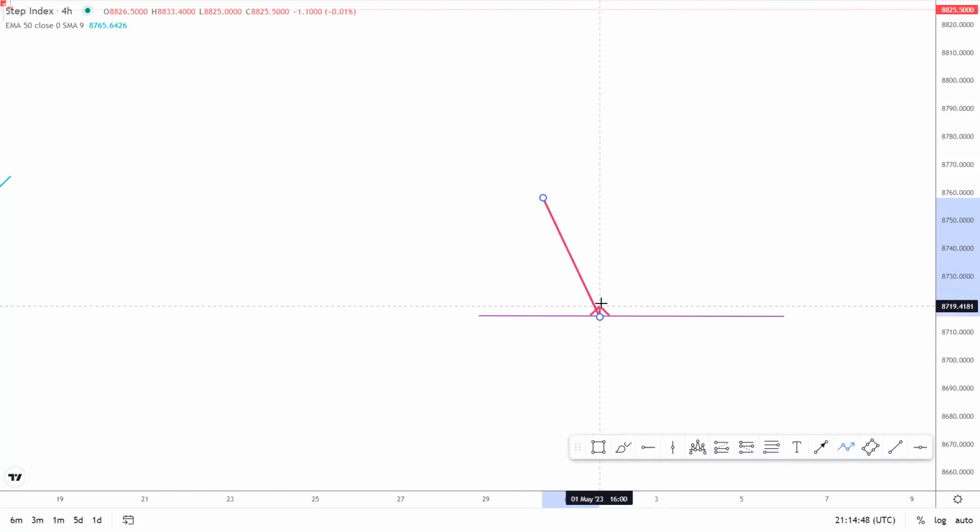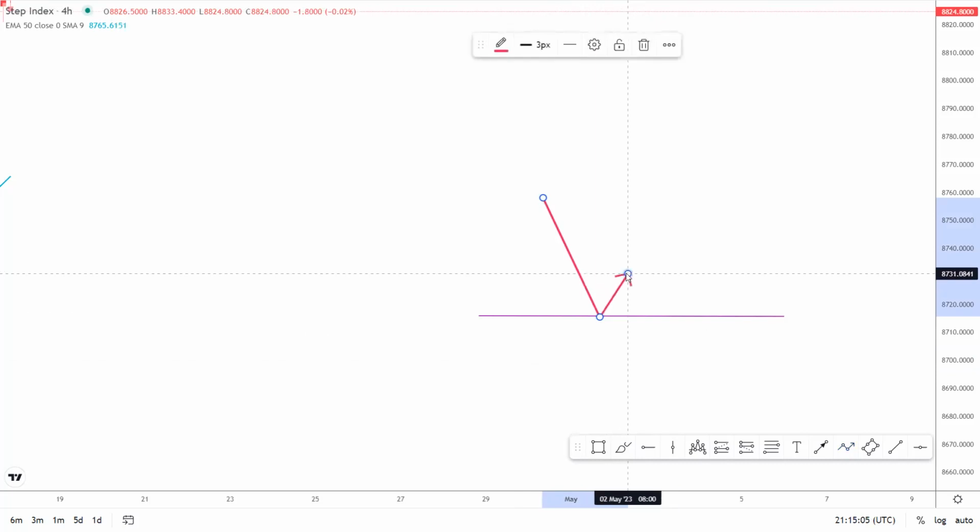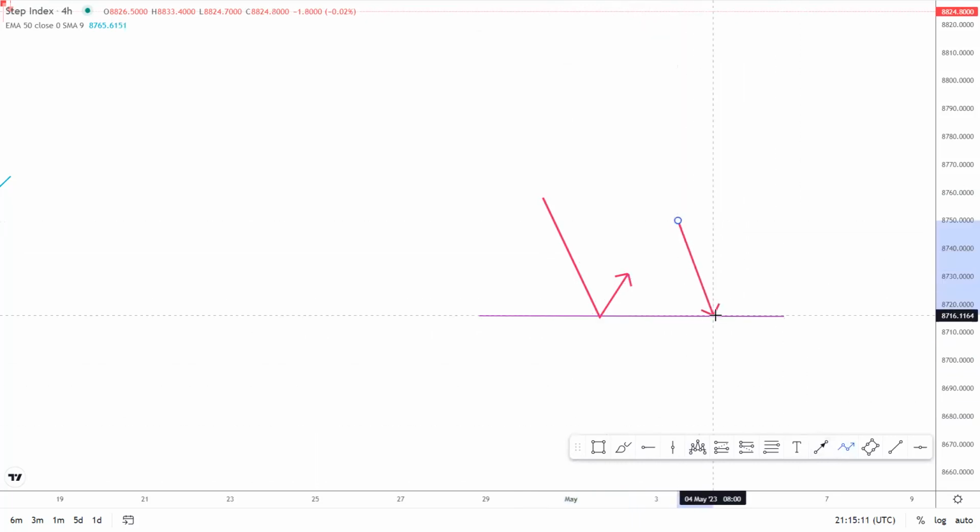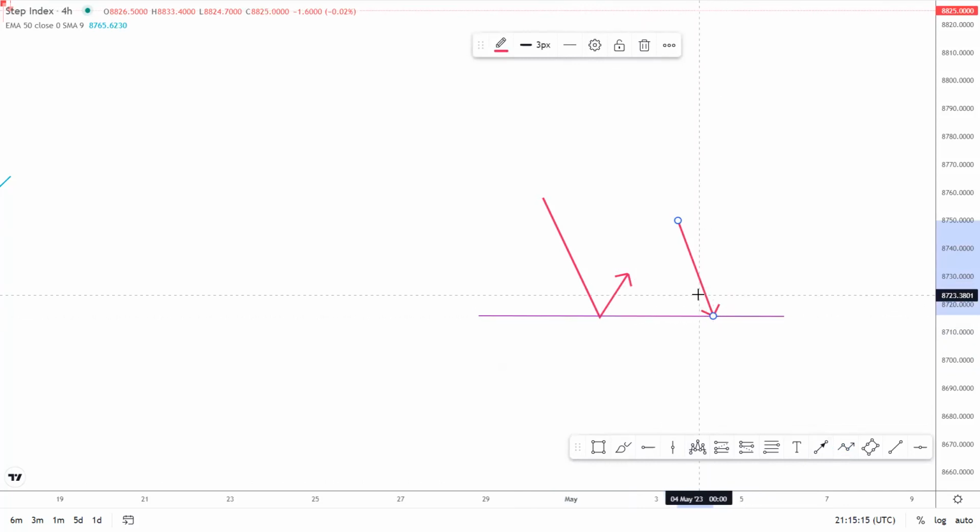Either price respects the level by printing rejection candlesticks from the level, and then the momentum candlesticks, signifying that the level is a potent level and most likely it's going to hold. So it's either we get a bounce off from the level, or the second scenario is price comes into the level and then breaks below the level.